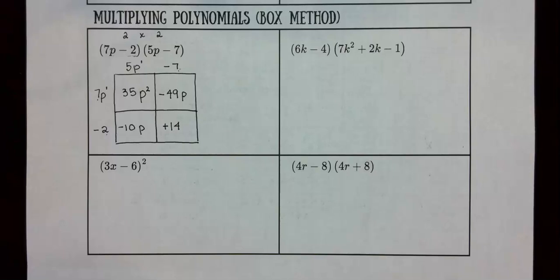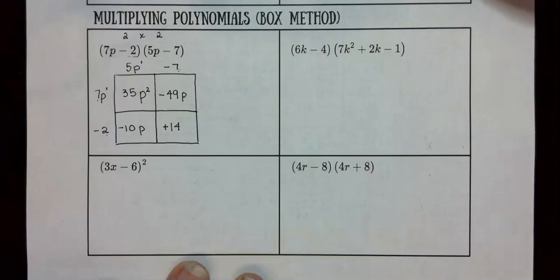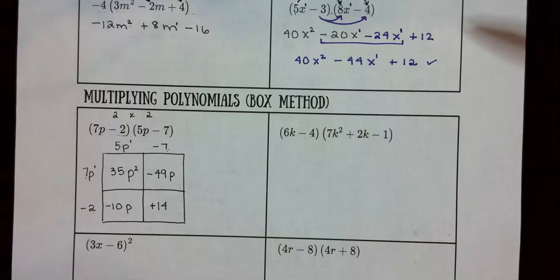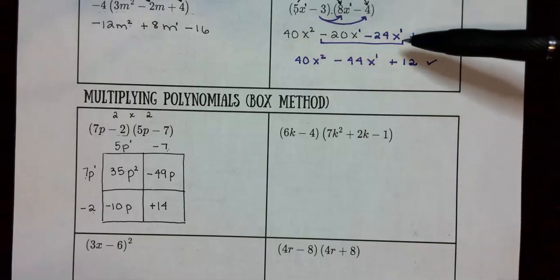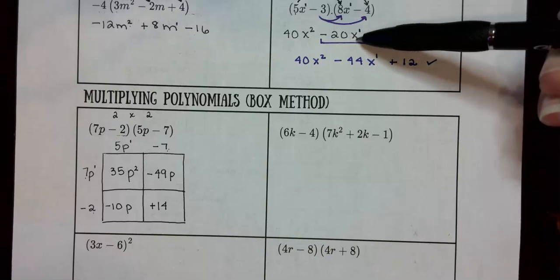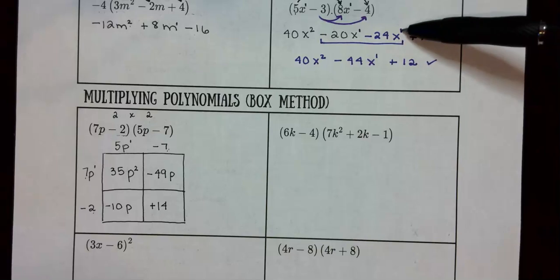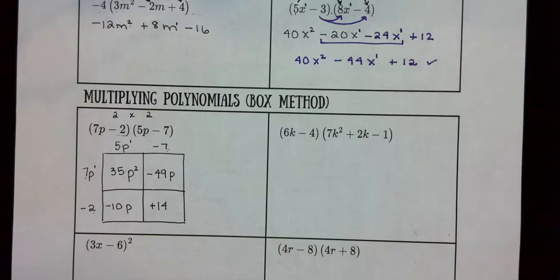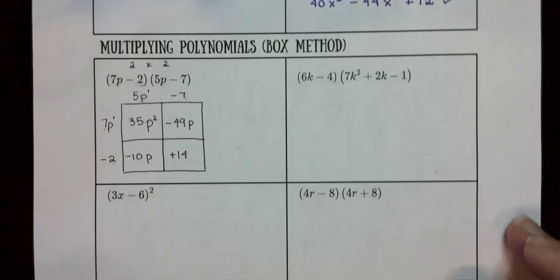Now, once you're looking at this, remember that up here in the previous problem that we did, not only did we multiply and get all our new coefficients, but then we had to look for like terms. And we noticed that these two right here had the same variable raised to the same exponent, which allowed us to put them together. We can actually do the same thing with this one.